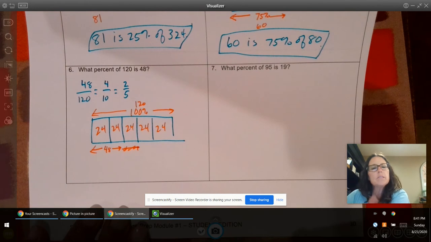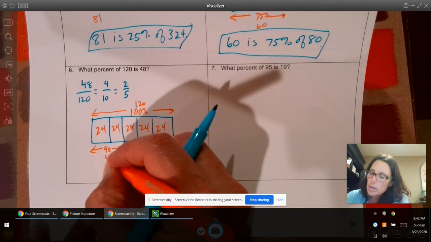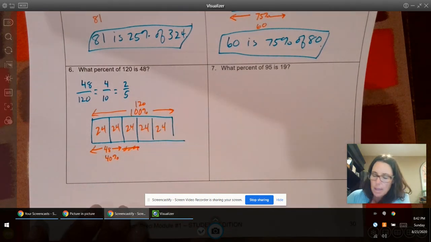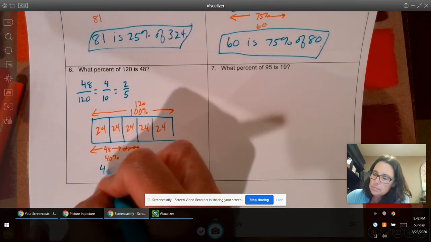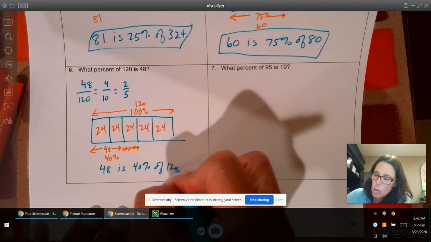How much percent is in each box? If there are 5 boxes totaling 100%, you guys good with 20% in each box? So this is 40%. All right, so 48 is 40% of 120.